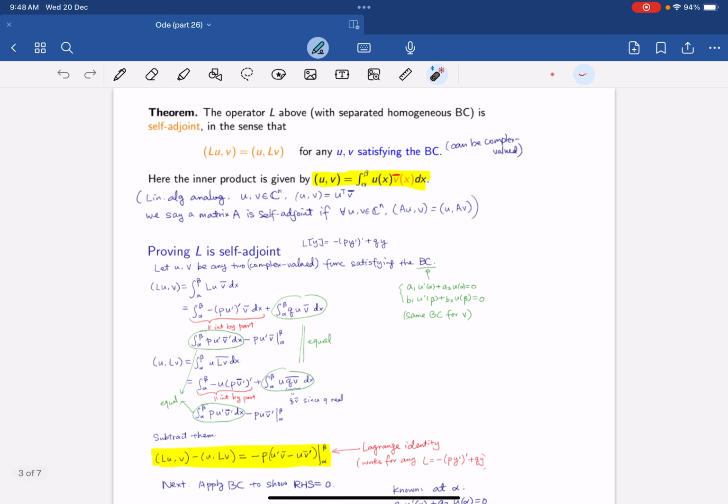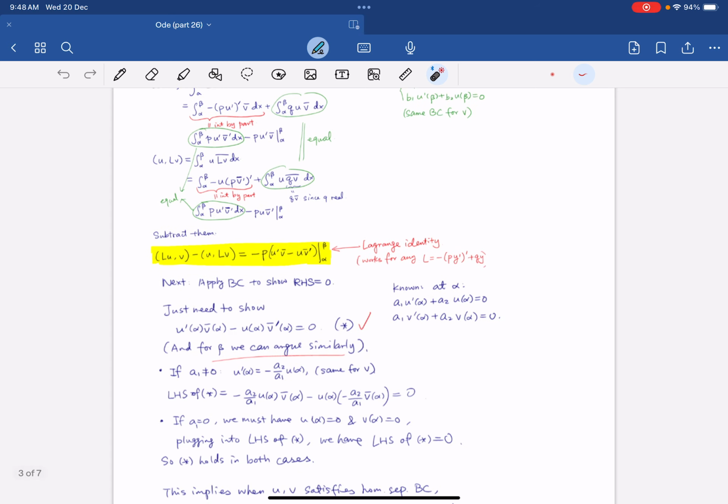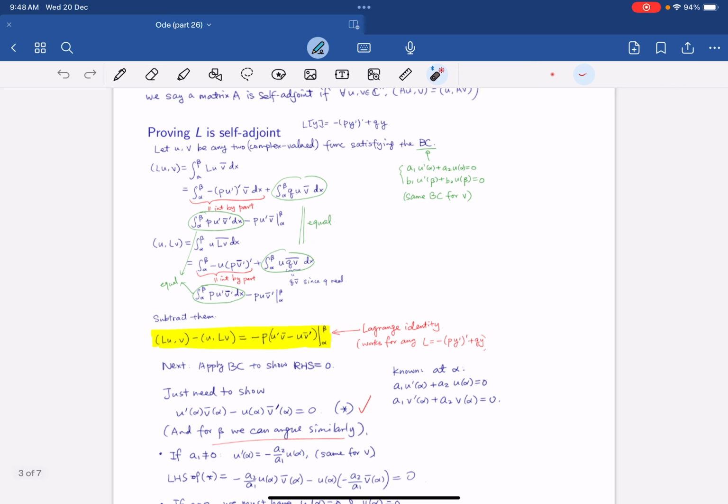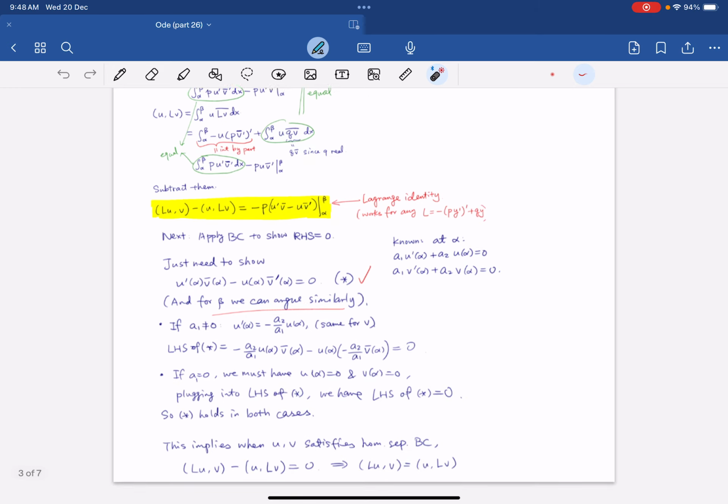Okay, so we have this already, and we want to show that they are equal. What we can just do is we take one minus the other, and we arrive at this equation. So to prove that this is 0, we just need to apply the boundary conditions, because you sub in the alpha and beta. So we just need to show this following step equals to 0.